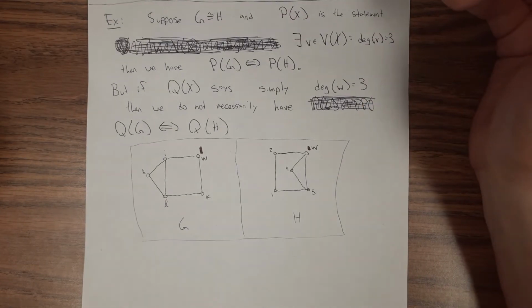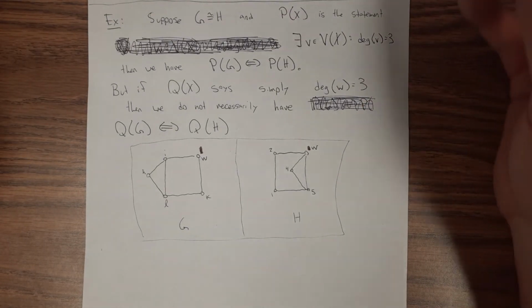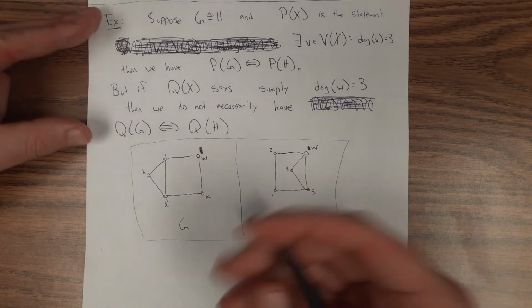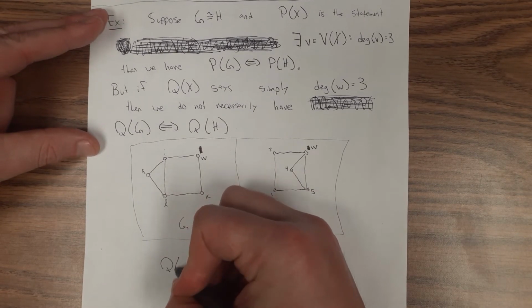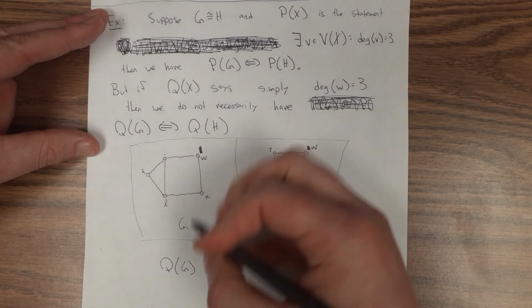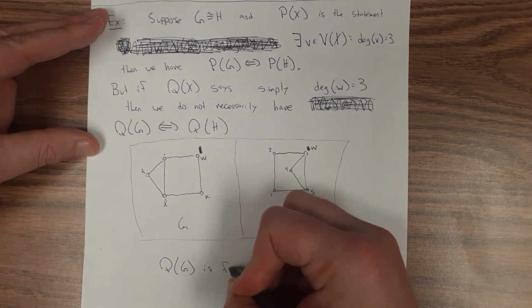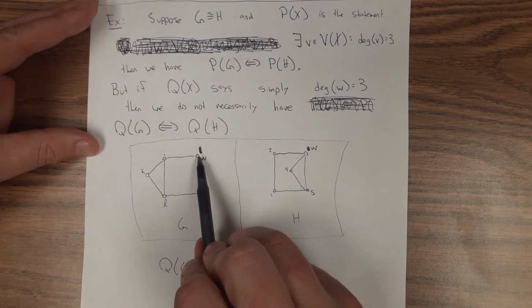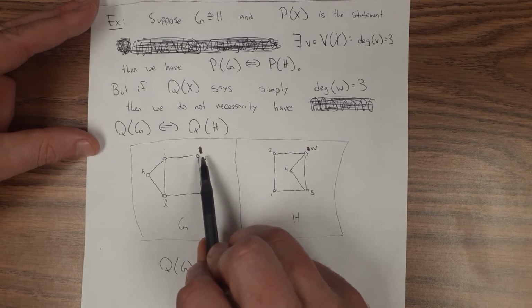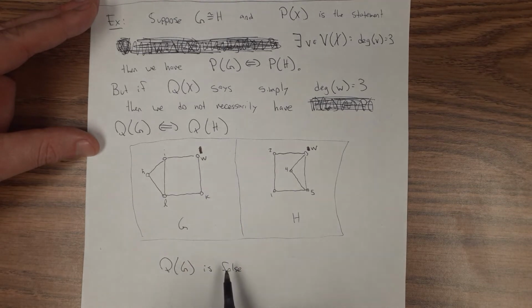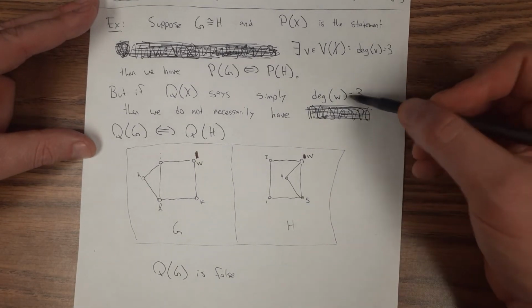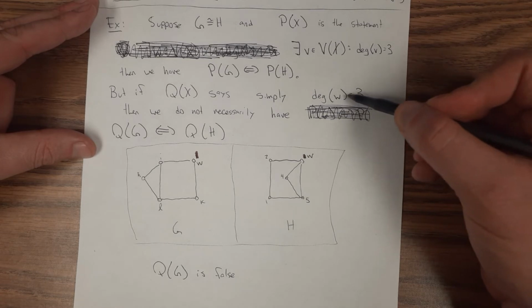And indeed, Q of G would be false because this graph has a vertex whose name is W, and the degree of W is not 3. So this statement is false.